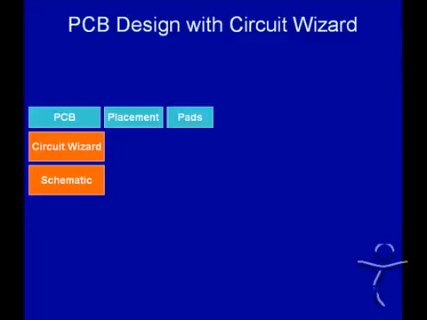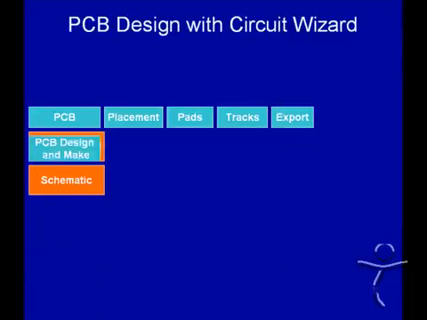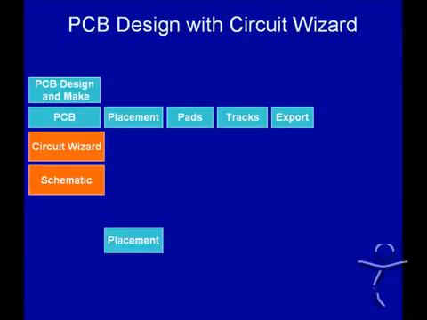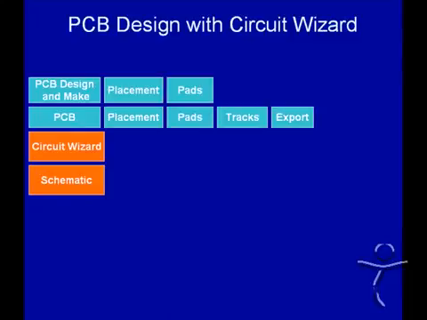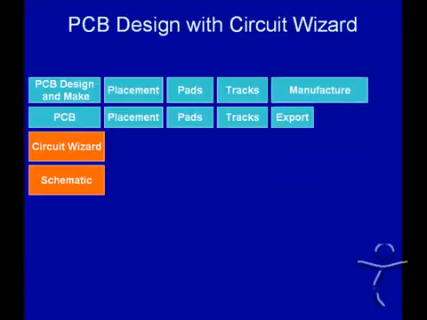We may wish to change the pads and the tracks in this particular process, and then we export our PCB into PCB Design and Make through the Copy CAM Data option. We then open PCB Design and Make. We can check the placement of our components. We may wish to modify our pads to make sure they are sufficient size for soldering and engraving and drilling. We verify the tracks are not coming too close to any pads and producing problems, and then proceed to our manufacturing option.